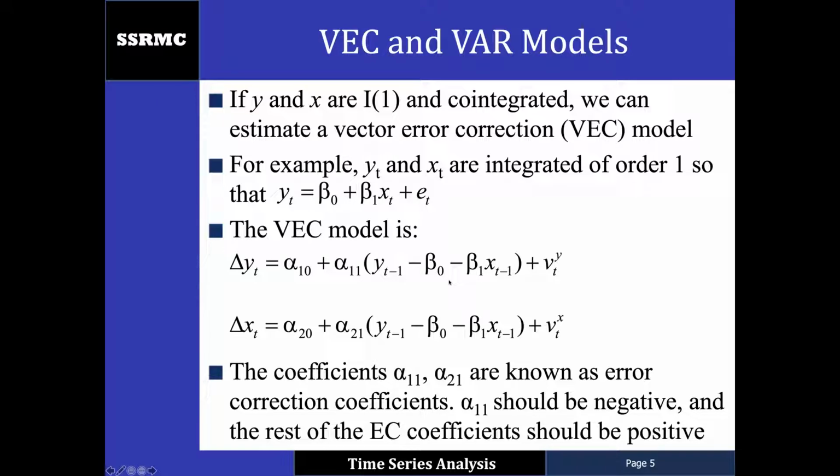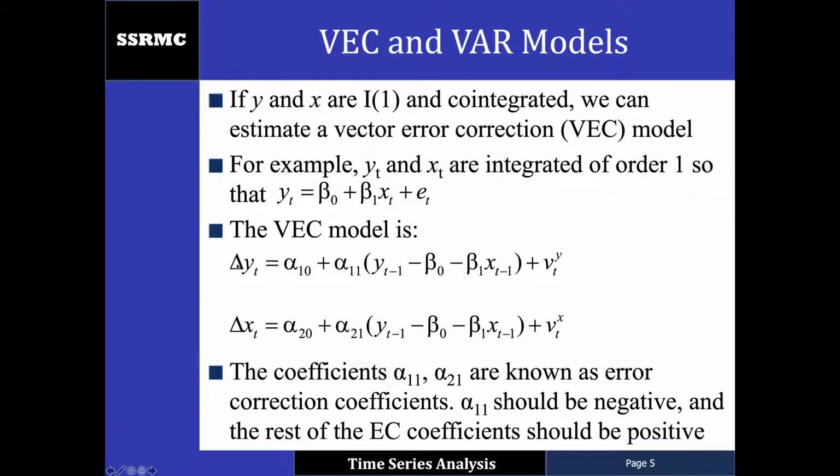However, if both x and y are I(1), but they are cointegrated, we can estimate a vector error correction model, VEC model. So for example, if y and x have a long-term relationship, as shown here, yt equals beta0 plus beta1 xt plus et, that's the long-term relationship. Both yt and xt are not stationary. The vector error correction model can be specified as follows.